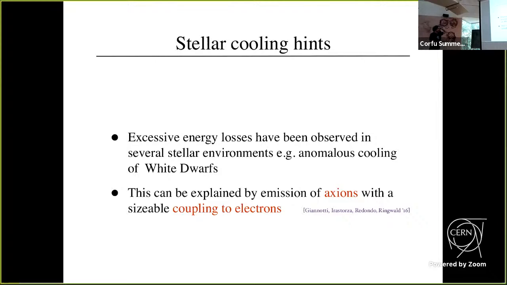And there was a very nice paper, like 5 years ago now, that was trying to explain those stellar cooling anomalies with several new BSM particles, and it turns out that definitely the best fit among all the candidates is provided by axions, given that they have a sizable coupling to electrons.